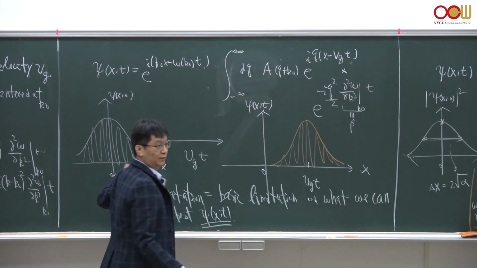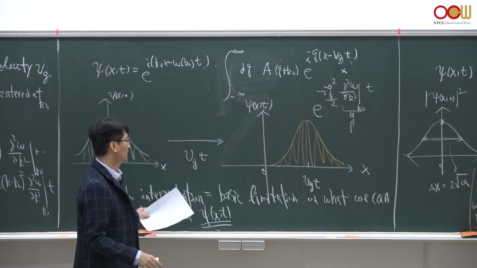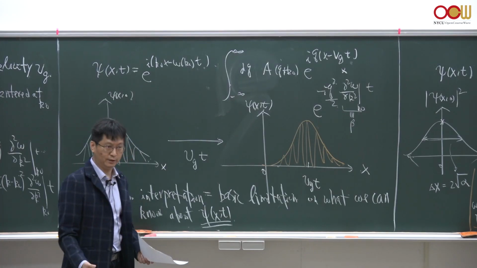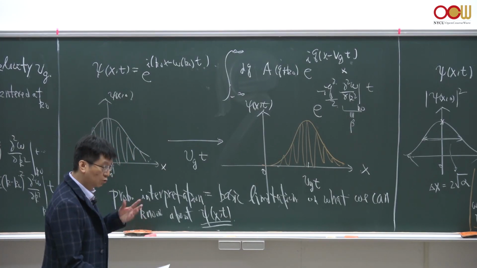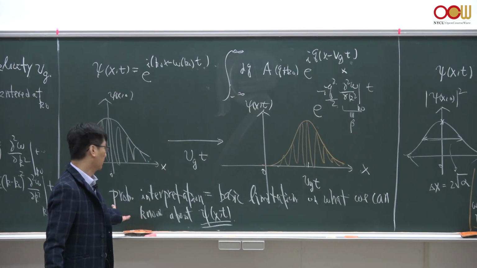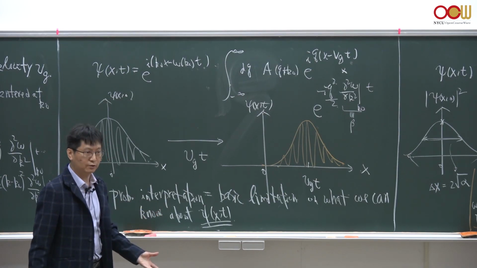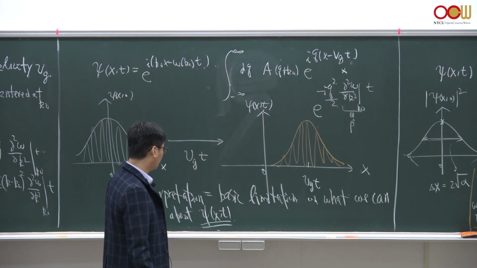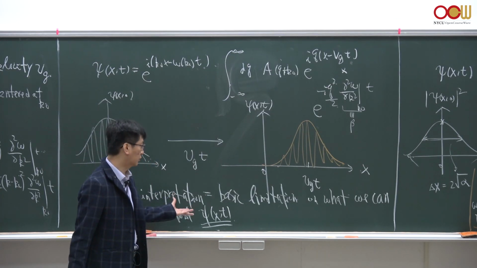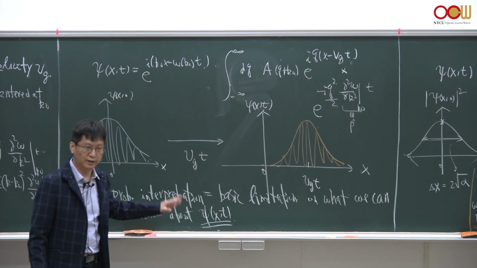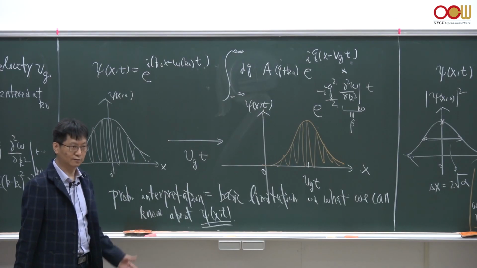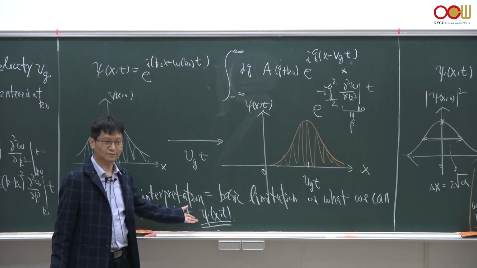As I mentioned, there's a correspondence between these two error bars in real space and in k-space to describe this quantum particle. If we know precisely the momentum, we lose accuracy in real-space location, and vice versa. So there is a fundamental limitation on what we can know about this wave function.